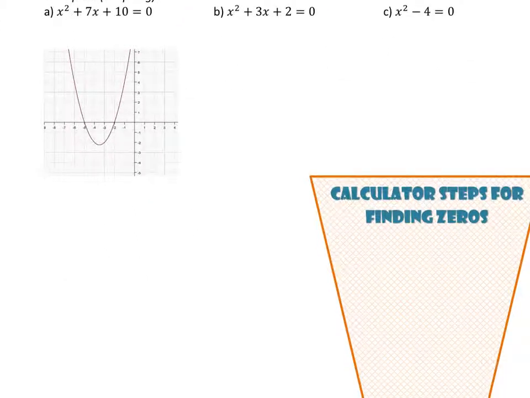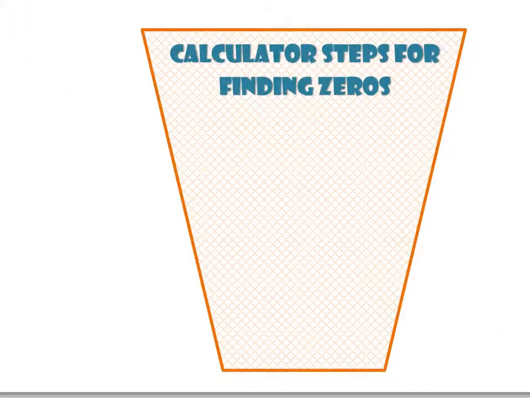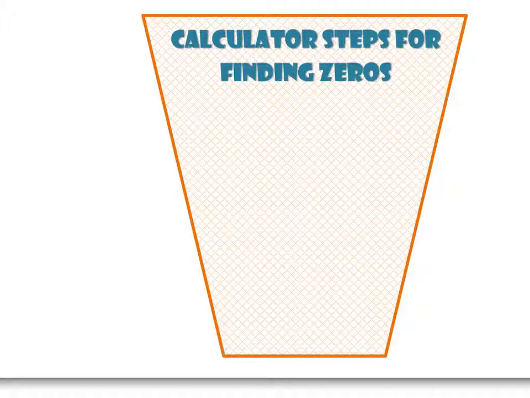Okay, so this last part we're actually going to use the calculator for. I'm going to write out the steps first and you can copy them down and then we'll actually do it. Aren't these already on the board? Yes, that was from last period.